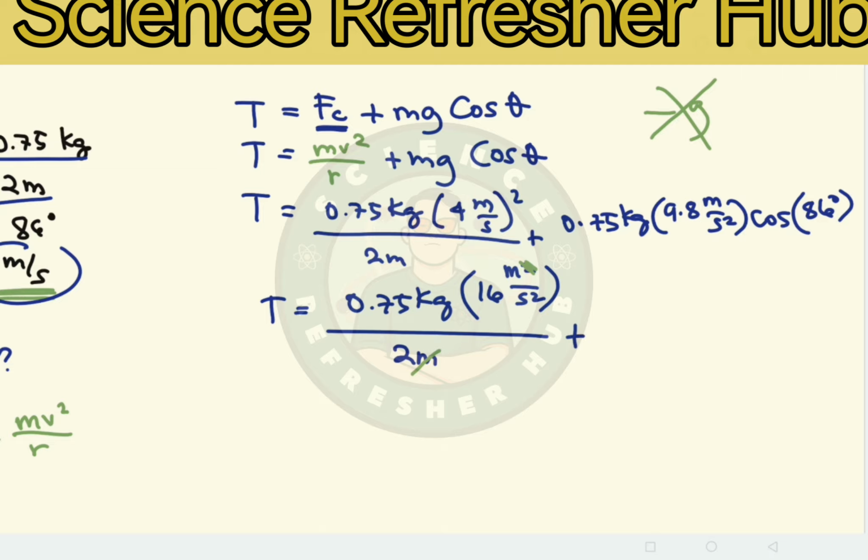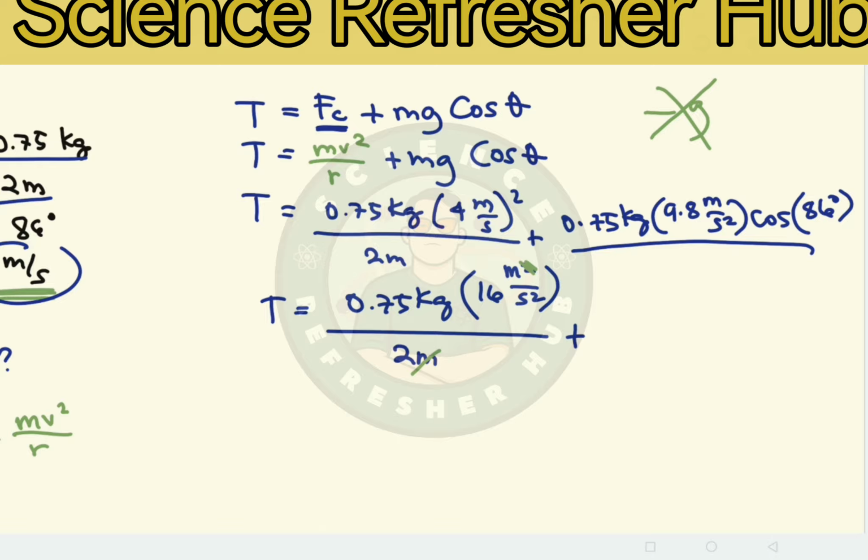Plus, and all you have to do is to input this one in your calculator. So let's have 0.75 multiplied by 9.8 positive, the absolute value of our gravity here, times the cosine. Press your cosine button in your calculator, and then plug in 86.